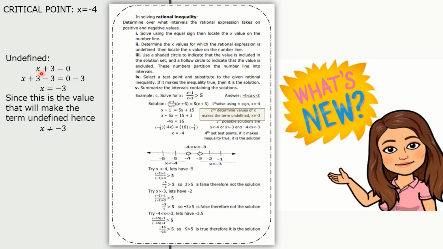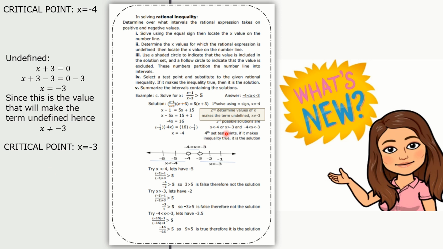To do this, we need to equate the denominator to 0. Thus, we get x equals negative 3. Since this is the value that will make the term undefined, x is not equal to negative 3. Plotting this on the number line, we get this hollow circle. This is now our second critical point.